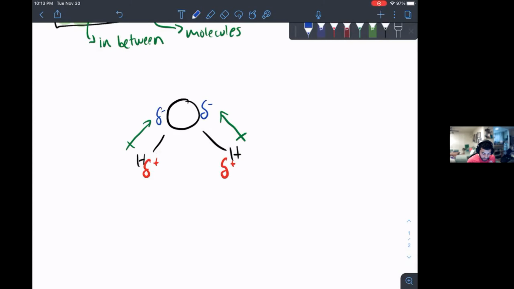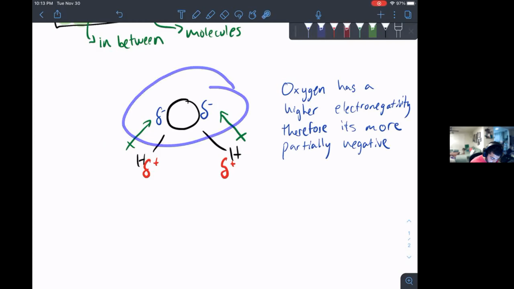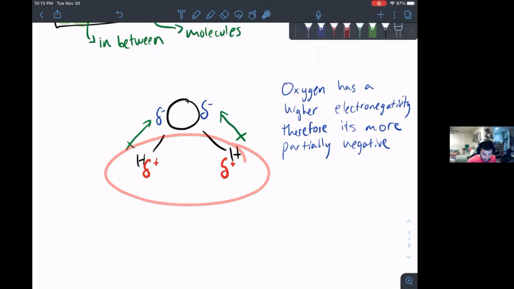And this is due to the fact that oxygen has a higher electronegativity. Therefore, it's more partially negative. And because of this dipole moment, we actually see that the molecule has this kind of negative side up here and this positive side down here.